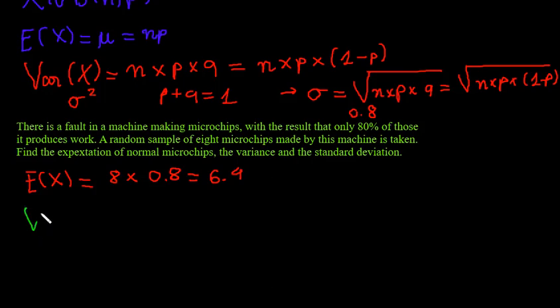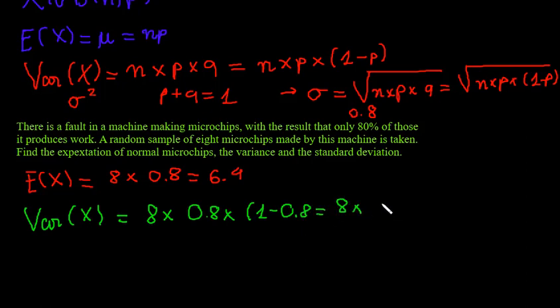Variance of X is equal to 8 multiplied by 0.8 multiplied by 1 minus 0.8, equal to 8 multiplied by 0.8 multiplied by 0.2, which is equal to 1.28.